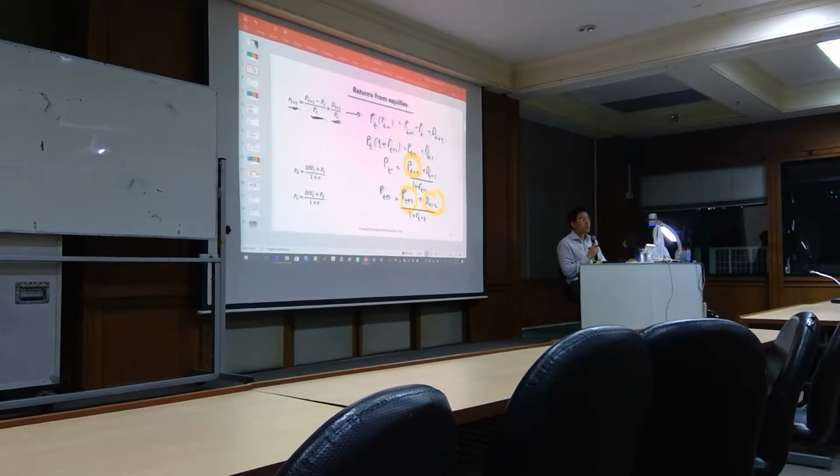Therefore, if you assume it this way, you will also need to forecast what is going to be the price P(t+2), which will also be a function of the price in t plus 3 and dividend in t plus 3 as well, which you will discount.